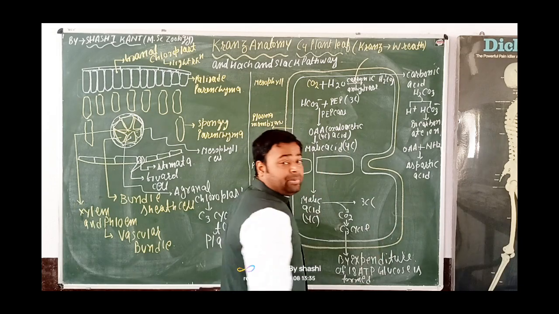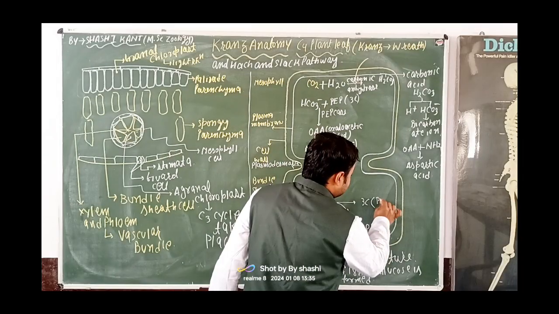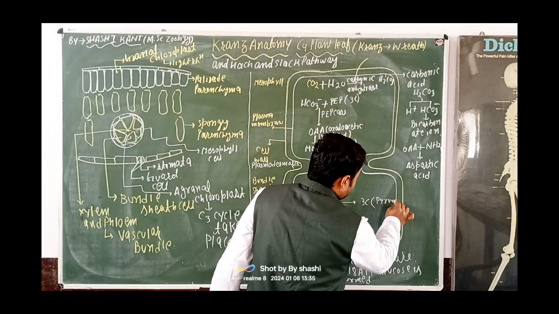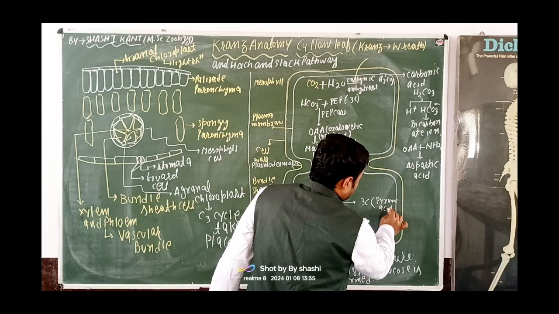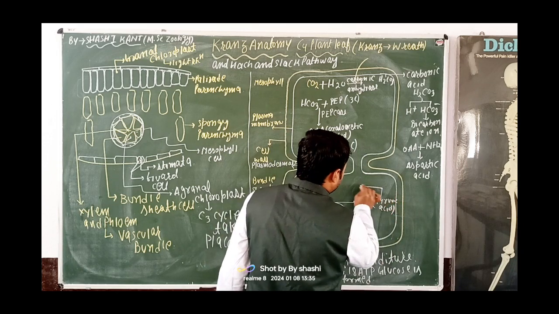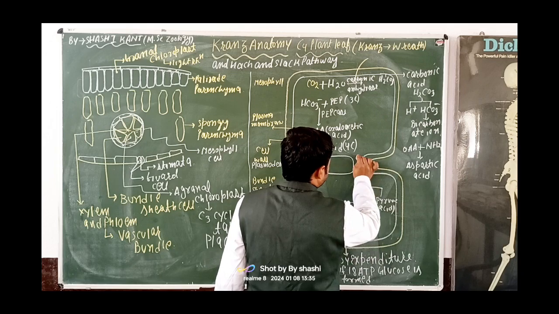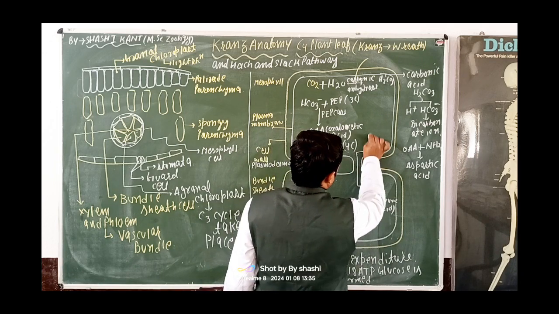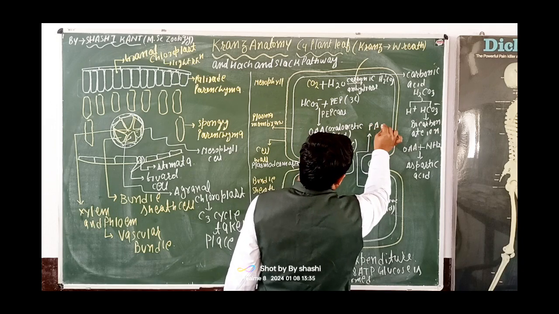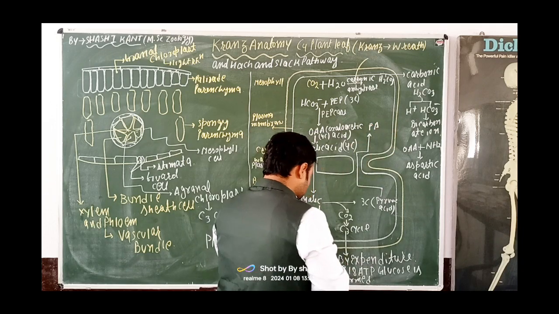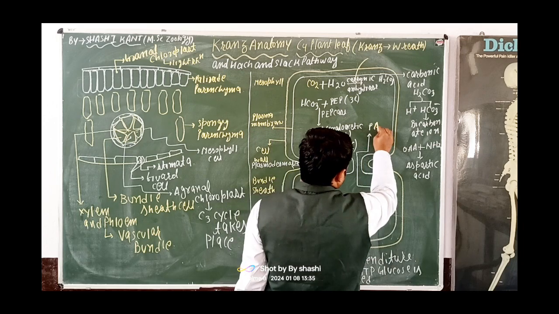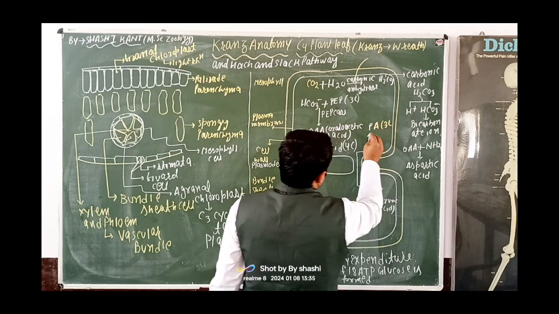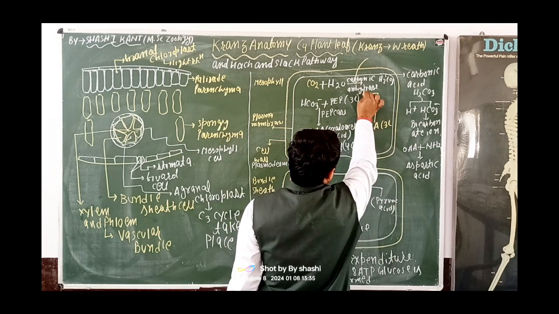And the 3-carbon compound formed is known as pyruvic acid. Now this pyruvic acid gets transported to the mesophyll cell through this plasmodesmata. When pyruvic acid reaches here, it again regenerates.